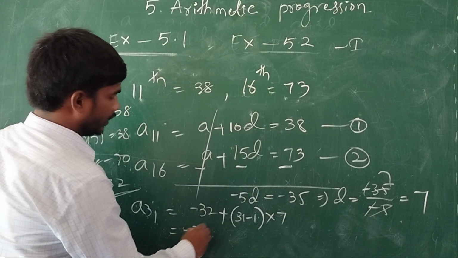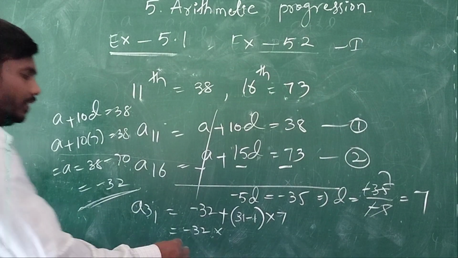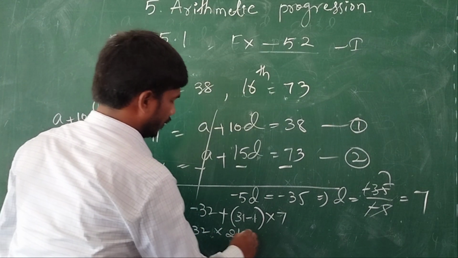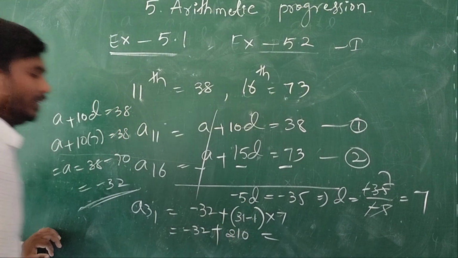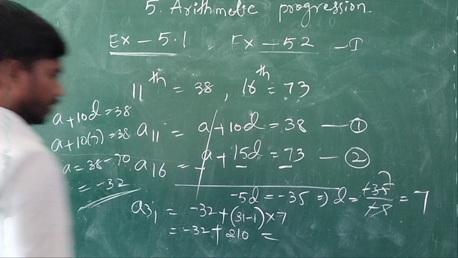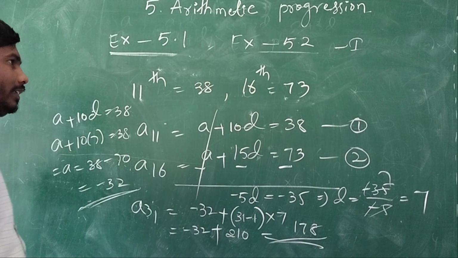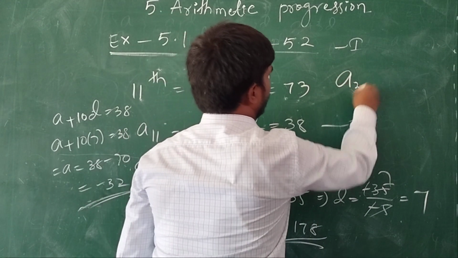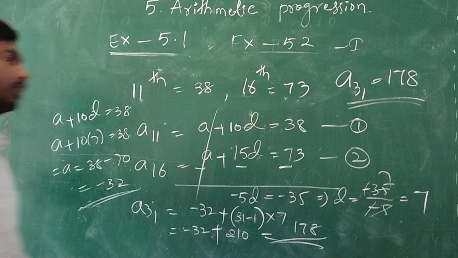So minus 32 plus 30 into 7, 210. Minus 32 plus 210 is equal to 178. So the required a31 is equal to 178.